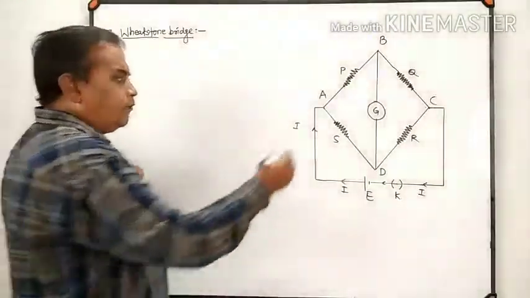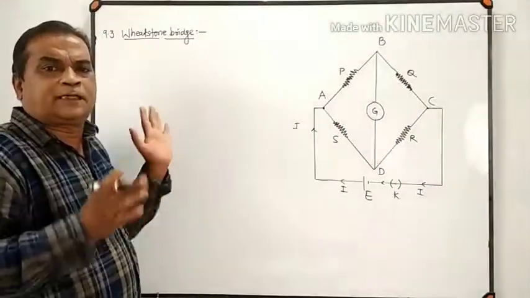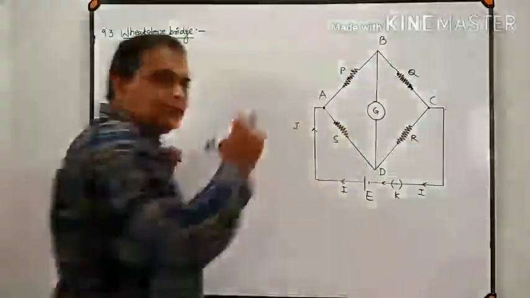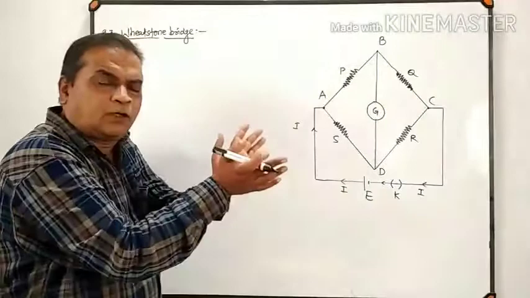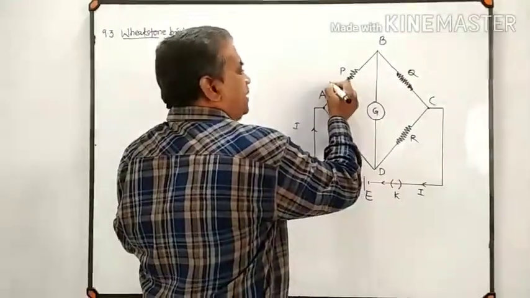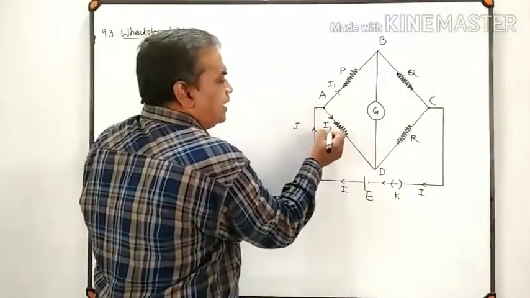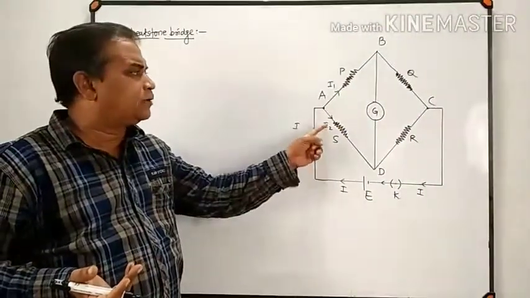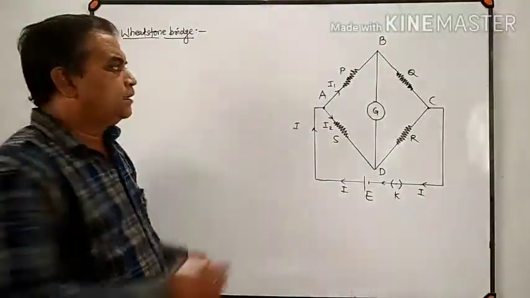When current I reaches the junction point A, according to Kirchhoff's current law, depending upon resistances P and S, this current I is divided into 2 parts. The part of the current flowing through resistance P is I1 and the part flowing through resistance S is I2. The values of I1 and I2 depend on the values of resistances P and S.